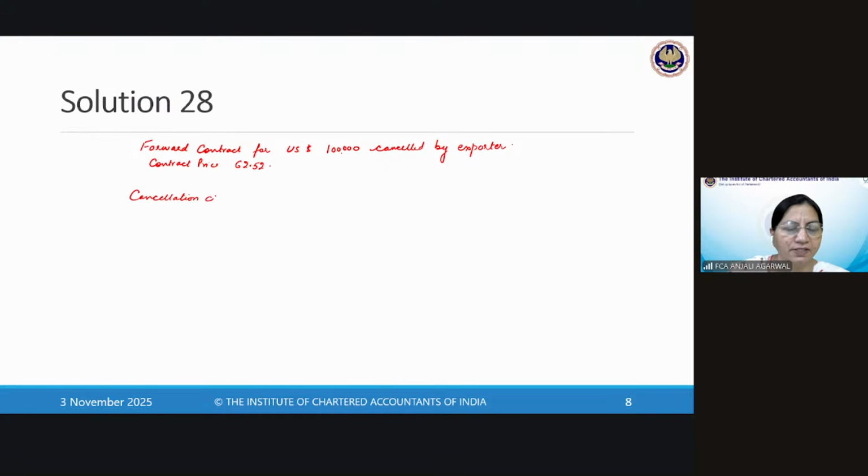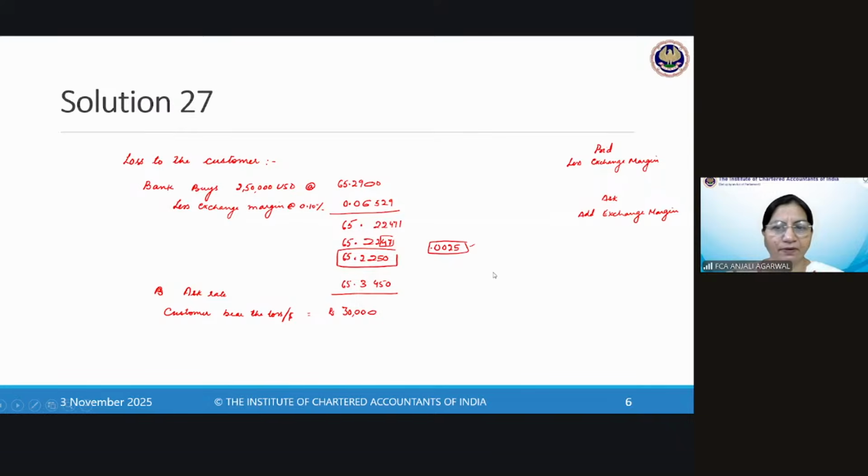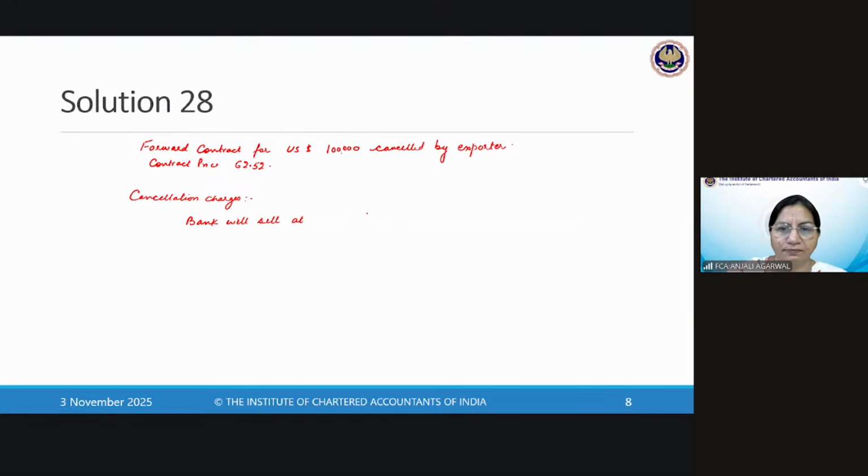So the cancellation charges: bank will sell at 62.72. This can become a working note. 62.72 plus margin, so 62.7825. You can call it a working note 1.